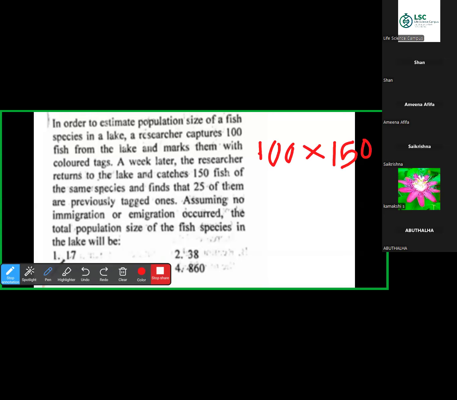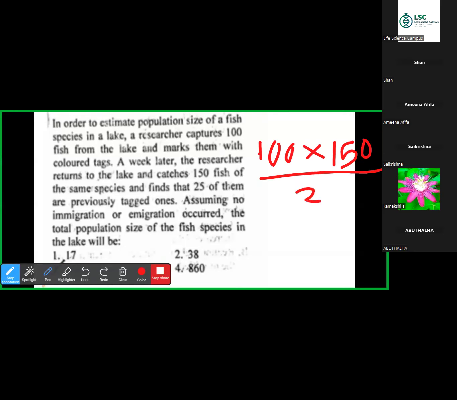In order to estimate the population size of a fish species in a lake, a researcher captures 100 fish from the lake and marks them with colored tags. So first capture is 100. A week later, the researcher returns to the lake and catches 150 fish of the same species. So number of second capture is 150 and finds that 25 of them are previously tagged ones.